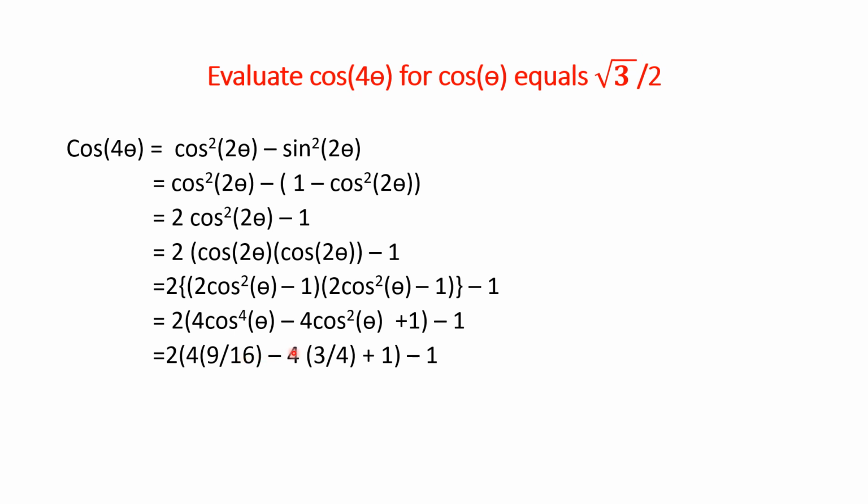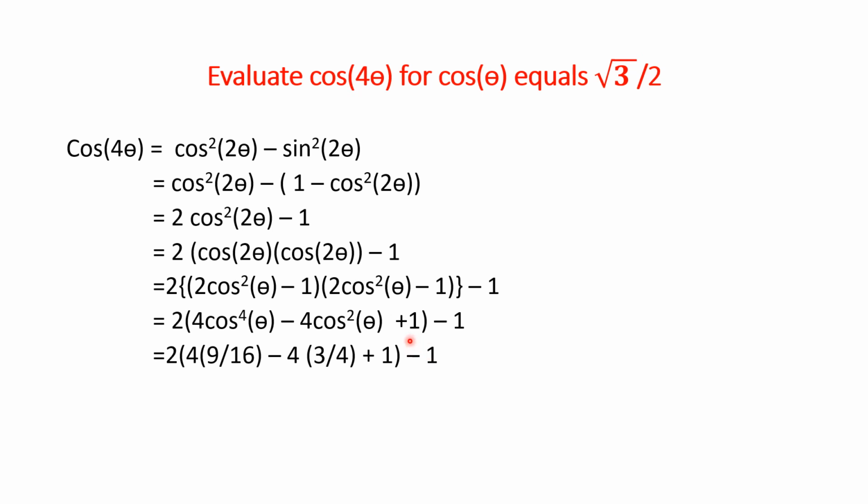Minus 4, now cosine squared. So we have to raise this value to the exponent of 2. The square root of 3 squared gives us 3, and 2 squared gives us 4. So we have 4 multiplied by 3 divided by 4, and then plus the inside 1 and the outside 1.